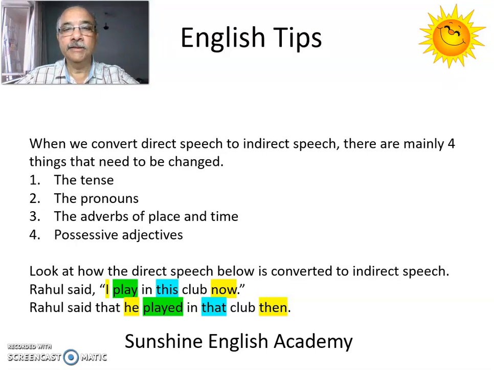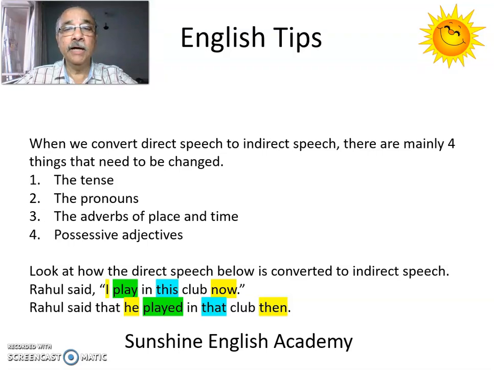Let's look at one example. The direct speech here is Rahul said, "I play in this club now." So when somebody else reports to another person what Rahul said, he has to say, "Rahul said that he played in that club then."